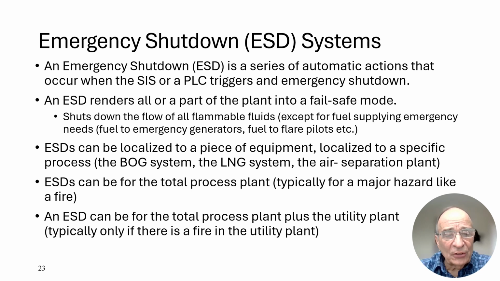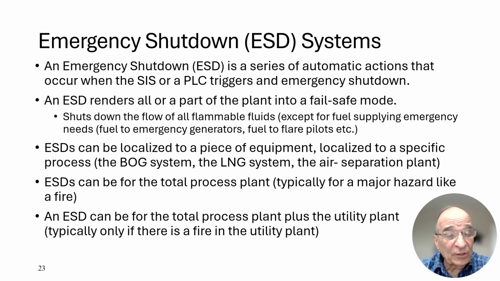ESDs can be localized to a single piece of equipment, localized to a specific process, or it could be the entire plant. The BOG system, LNG system, air separation plant, these would be localized systems. An entire plant would obviously be an entire plant shutdown.